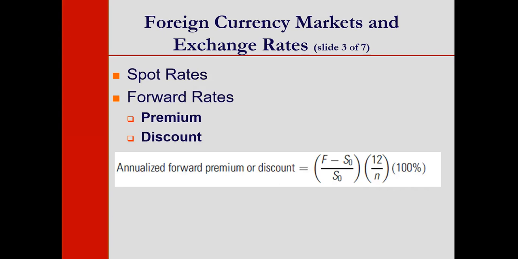Now, when we talk about these currencies, we hear the rates, different rates, spot rates or forward rates. Now, what is spot rate? Spot rate is today's price of the currency for delivery today itself.